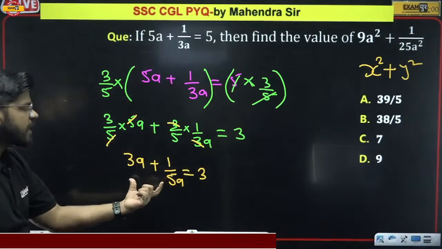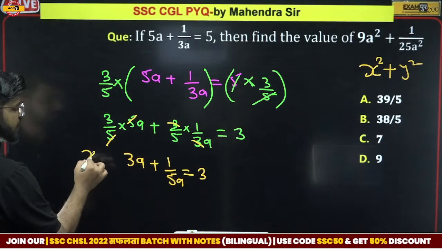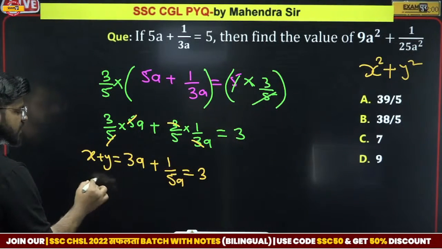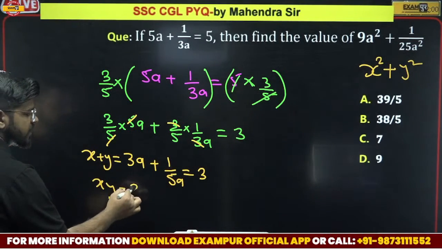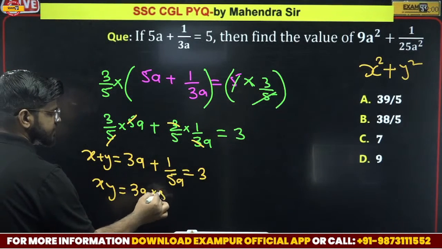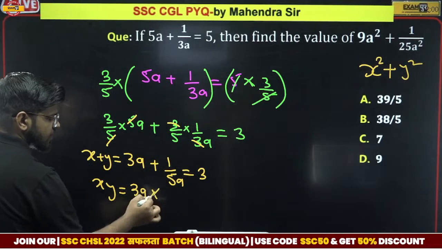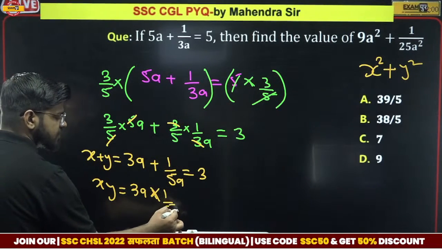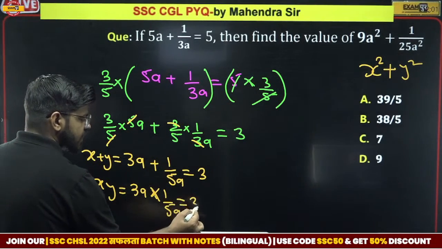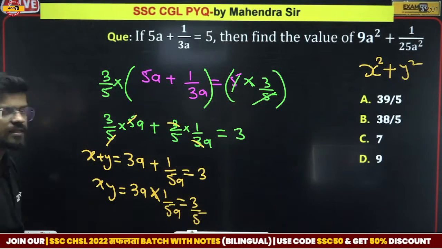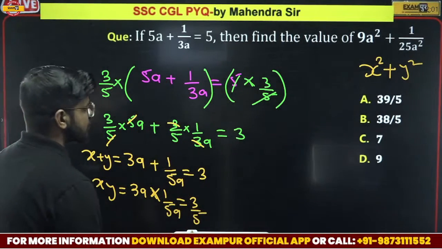We have x plus y here, we need xy. What is xy? 3a into 1 upon 5a. So a gets cancelled out, here we are getting 3 by 5. Now put in the formula.